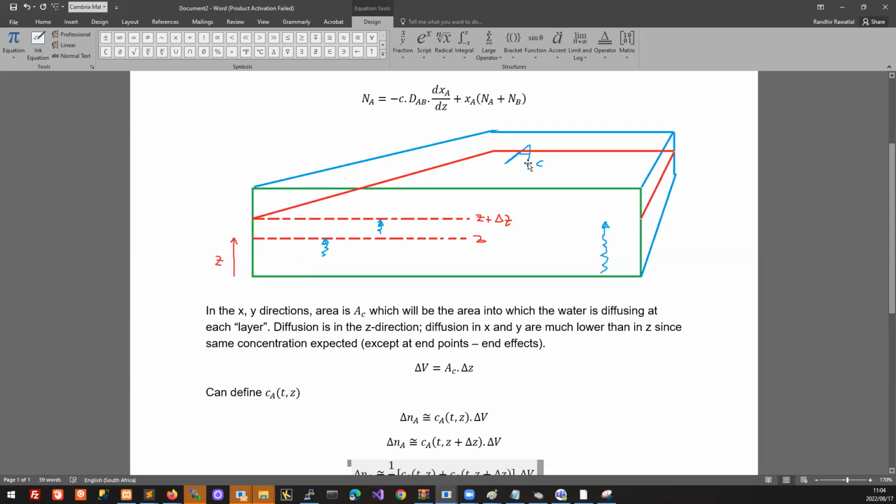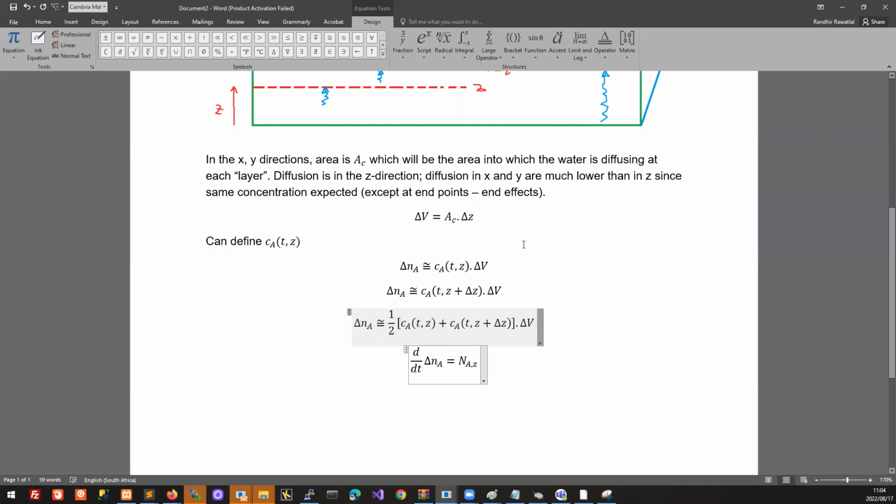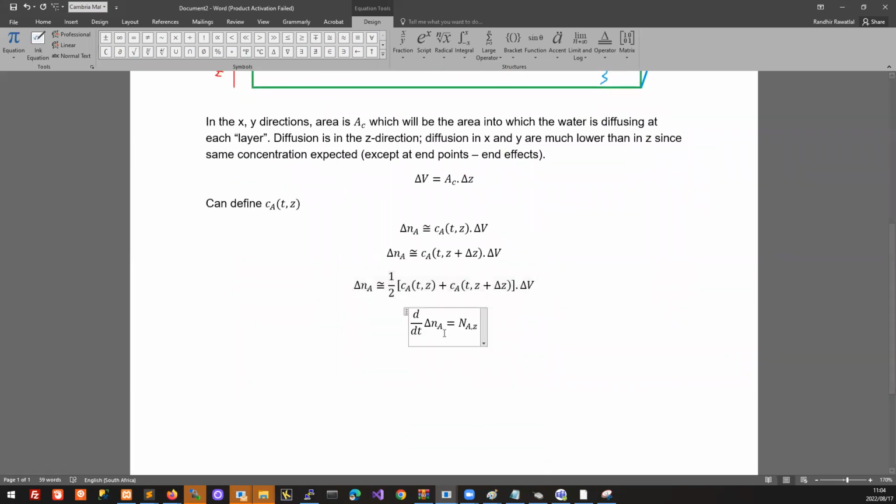Any vector you draw on that surface could be in any direction. As long as it's on that surface, any vector you draw there will be perpendicular to the Z direction. So we say that it's normal to that direction, or orthogonal. So that's the flux in the Z direction, so the right area to multiply by is AC.